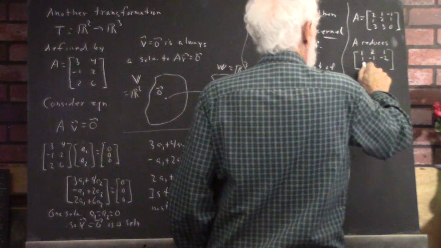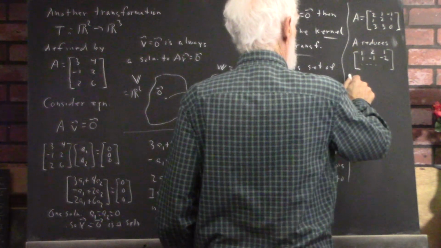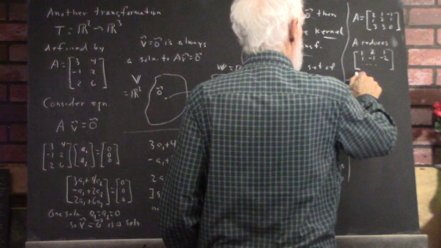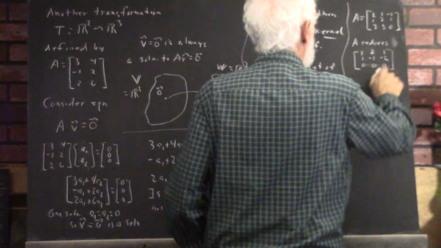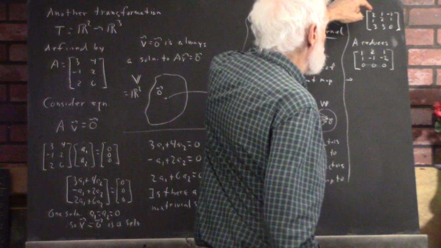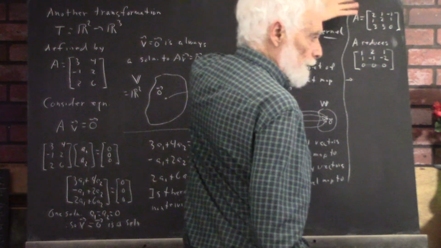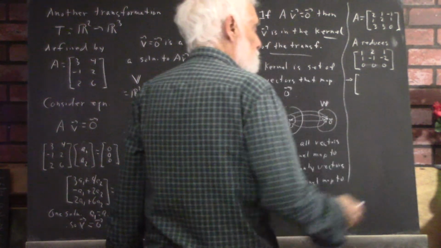And I'm just going to put a line down here because the third row is clearly going to reduce to the 0 vector. Matter of fact, I can just do 0, 0, 0, because I can subtract the sum of these two rows from this one, and it's going to give me 0. If you understand the reduction process, that's pretty straightforward.